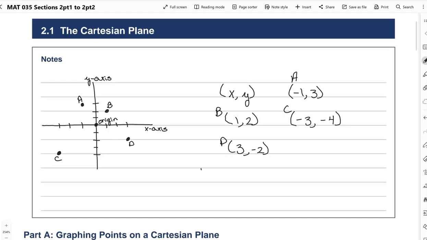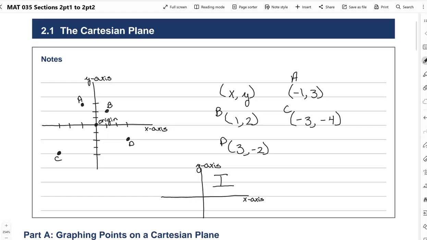So with the Cartesian plane, let me draw my plane again. Here's our x-axis, and then that vertical line is our y-axis. It does split the plane into four pieces, and we can talk about where each quadrant lives. So here's quadrant 1. Notice my x's and my y's are going to be positive.